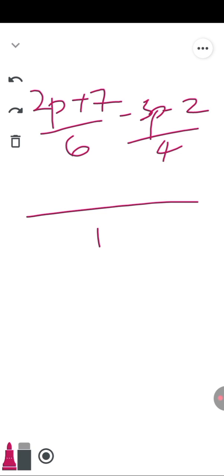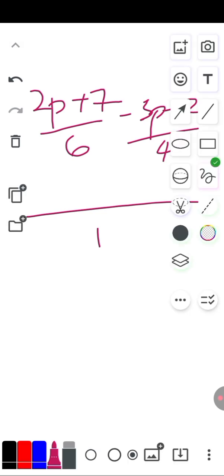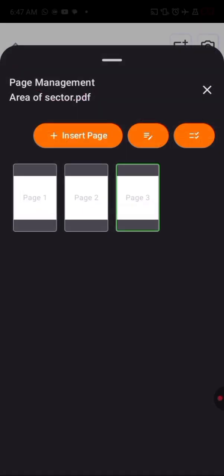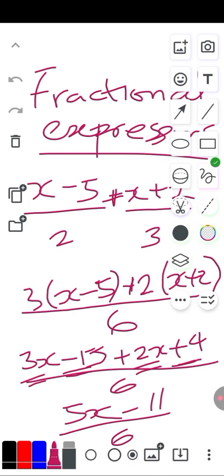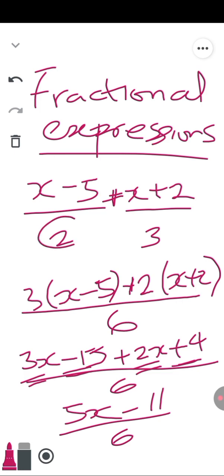So in the previous example, the reason why we multiplied was because of the numbers we had, 2 and 3. What's the lowest common multiple of 2 and 3? That's 6. There's no other number. So the easier way to get it is to just multiply the numbers together.